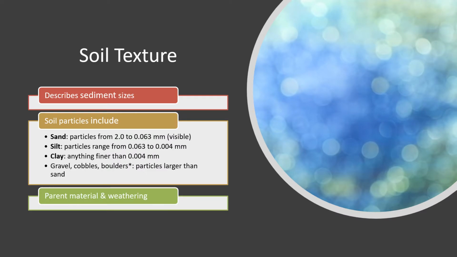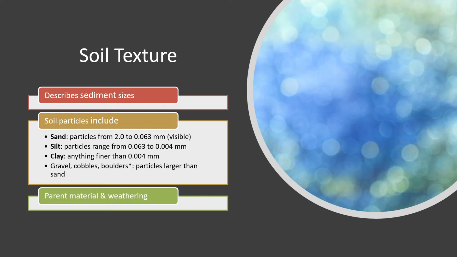Soil scientists often use soil texture to describe a soil, as this influences many different soil properties. Soil texture describes the size of soil sediments and what percent of each size of sediment are represented in the soil. So generally speaking, there are 3 sizes of particles that determine texture, and these are listed on the slide.